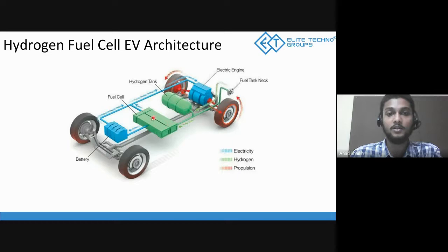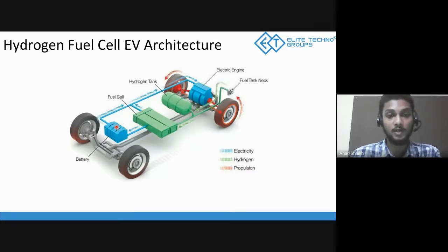Whenever we turn on the vehicle, the hydrogen is fed to the fuel cell stack, and the fuel cell generates electricity. This electricity can be used directly to run the electric traction motor, and if an excessive amount of energy is being generated, we can use it to charge the battery pack.